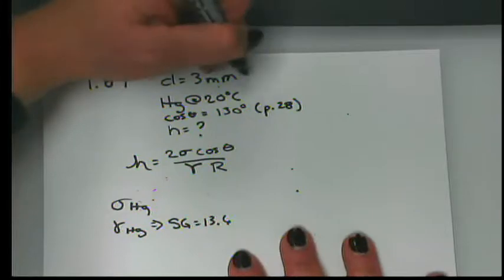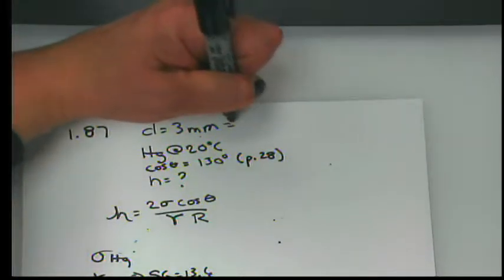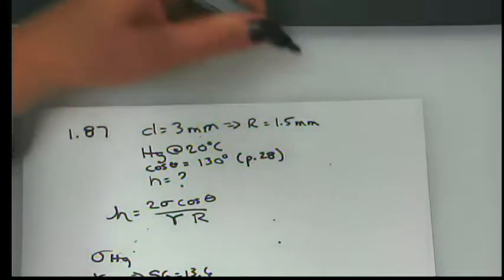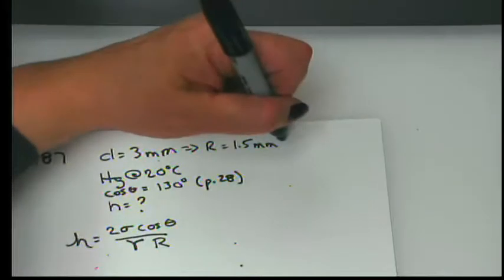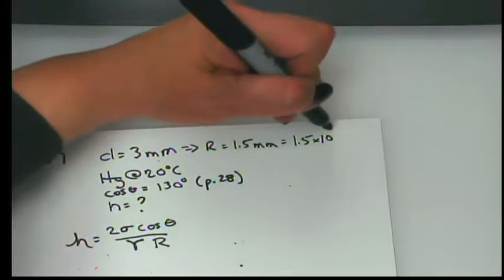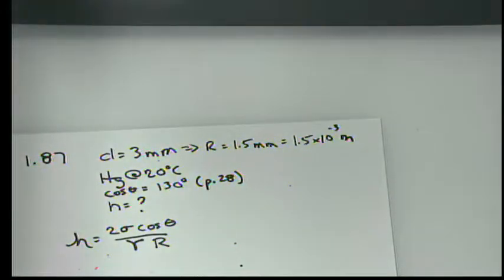Now, a diameter of 3 millimeters means that we have a radius of 1.5 millimeters, and chances are we're going to have to convert that into meters. A millimeter is 10 to the minus third meters, so we can express that as 1.5 times 10 to the minus third meters.